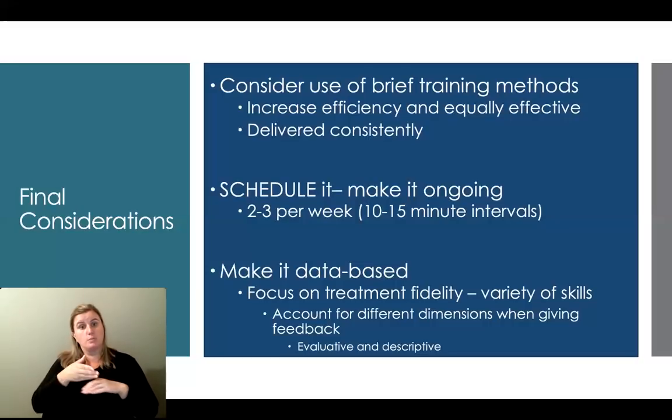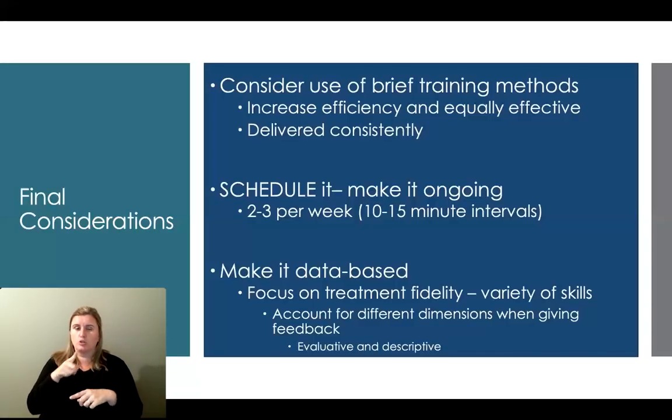That is critical. Focus on a variety of skills and account for different dimensions when giving feedback, so that we can account for the implementation of the intervention in a more comprehensive manner. When delivering your feedback, include components of evaluation and description, perhaps leaning more towards the descriptive part, so that you're providing the information necessary to improve performance rather than criticism of the paraeducator's performance.